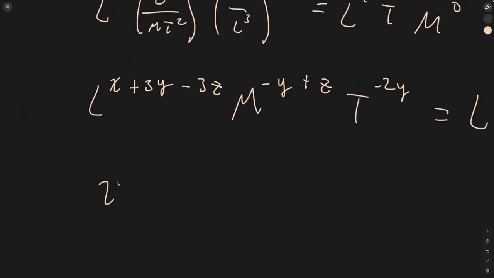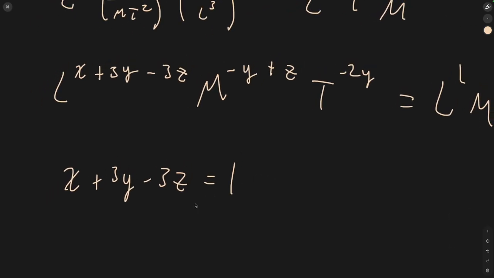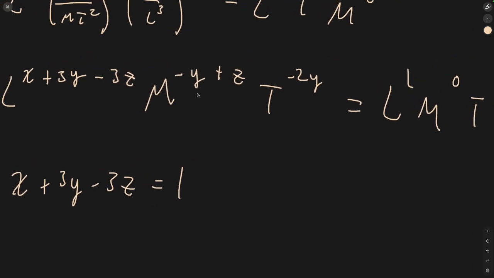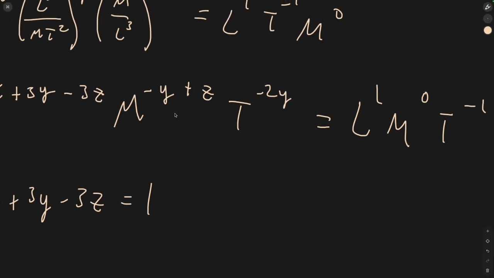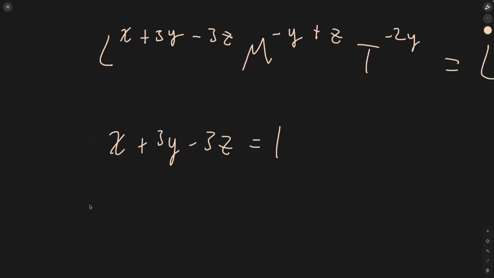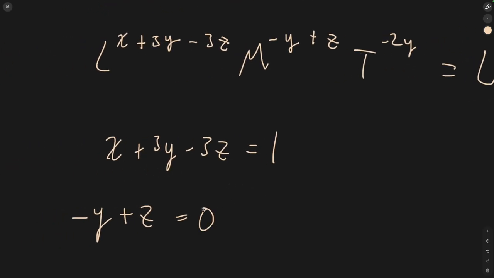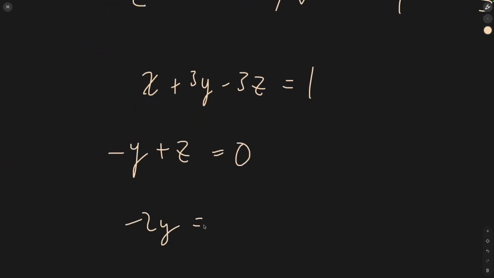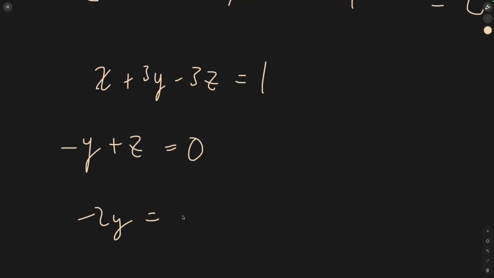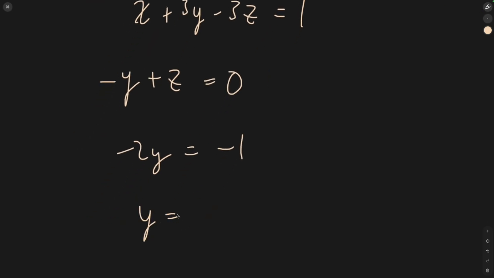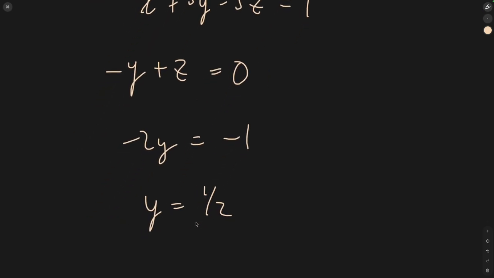So that's going to be x plus 3y minus 3z equals 1. Then you have negative y plus z equals 0. And then you have negative 2y equals negative 1. So y is a half.